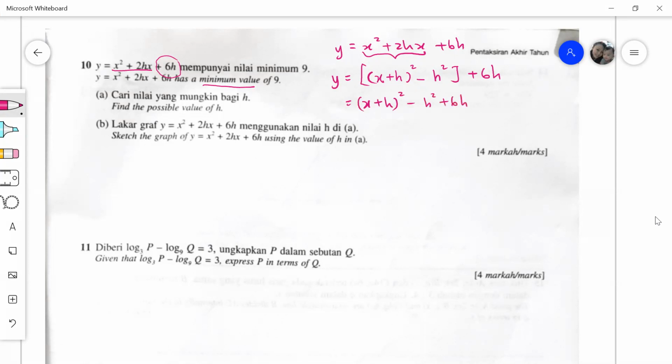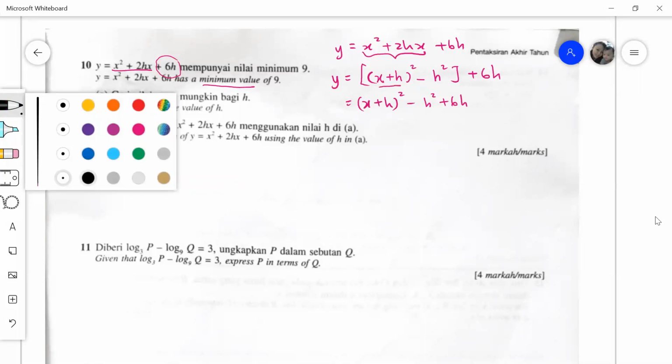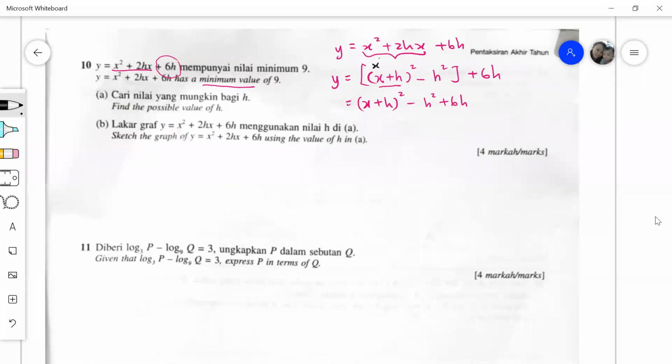So from here, this is in the vertex form. Why minus h squared? Okay, because if you expand this one, when we work backwards, you have x squared plus 2 times x times h, 2hx.